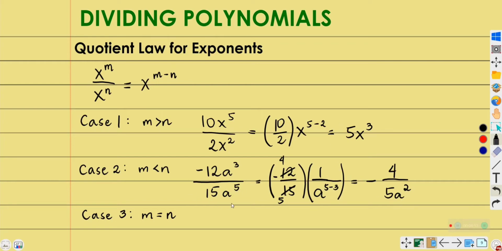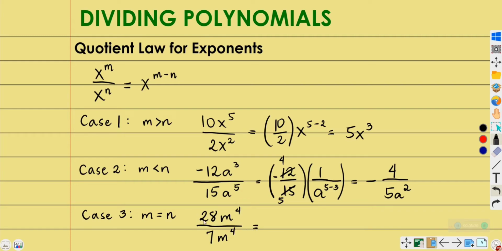Okay? Next, case 3, equal. Okay? Ito yung pinakamadali. Ano? Pag equal. Halimbawa, ang given ay 28m raised to 4 divided by 7m raised to 4.